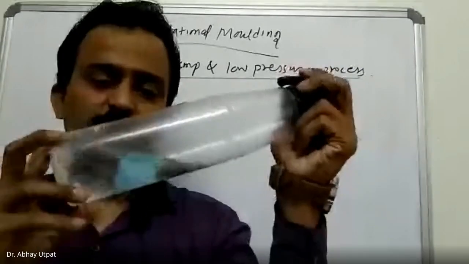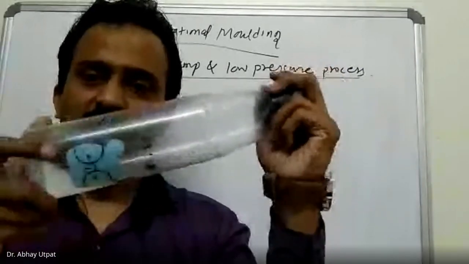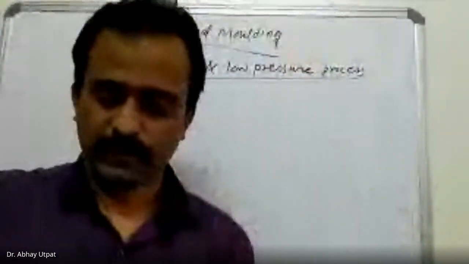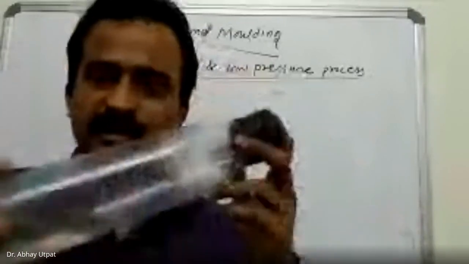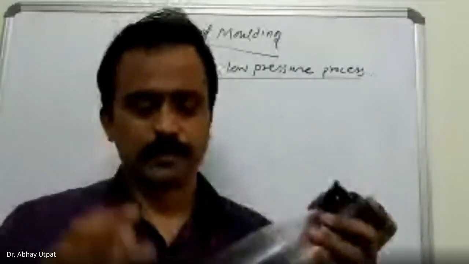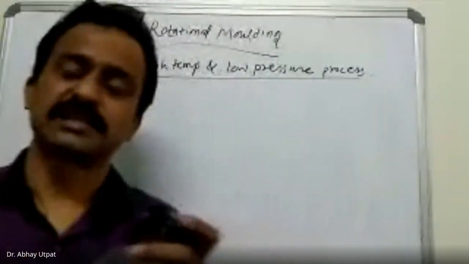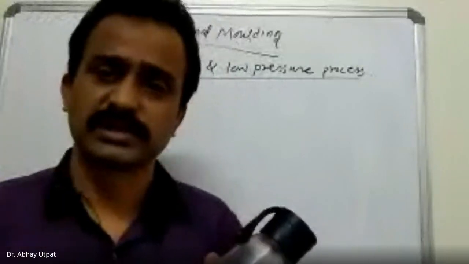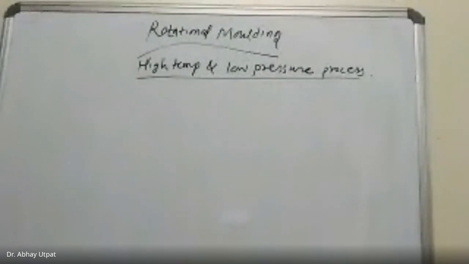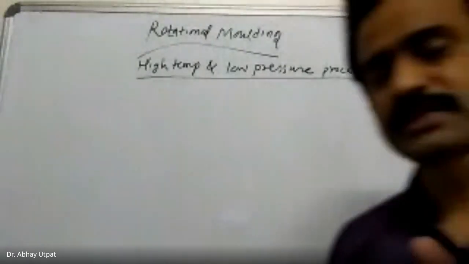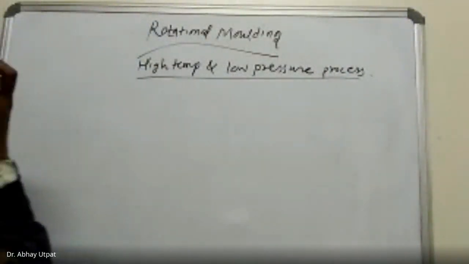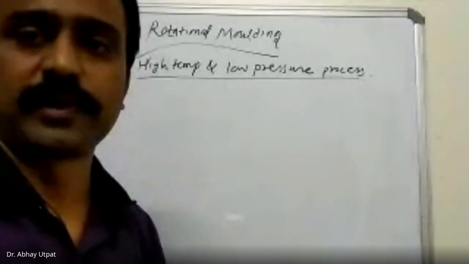When the mold is rotated in this direction and again in this direction, whatever is inside it touches all the inside surfaces. The mold is hot, so the plastic reaches a plasticized, semi-solid state and sticks to the wall of the mold. Once it sticks, it remains there for some time. The mold is rotated for a particular period, and then it is stopped.